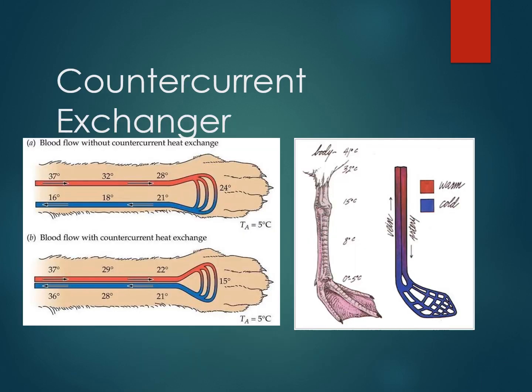Before we get into the math behind finite elements, I'd like to give you a couple of examples of how we would use this and how we would model this in biology. This is something called a counter-current heat exchanger.